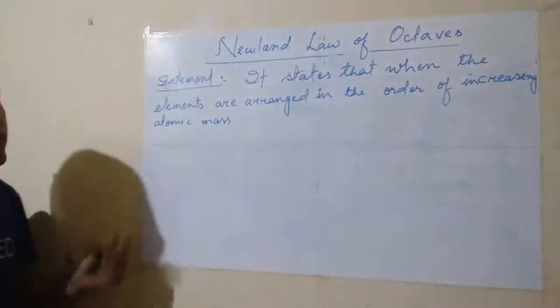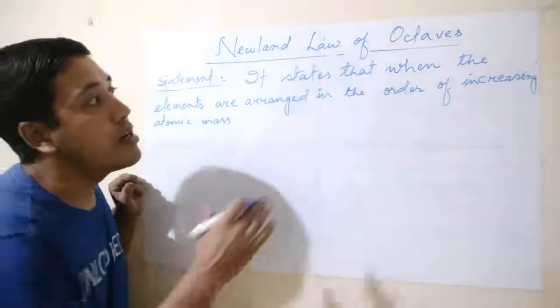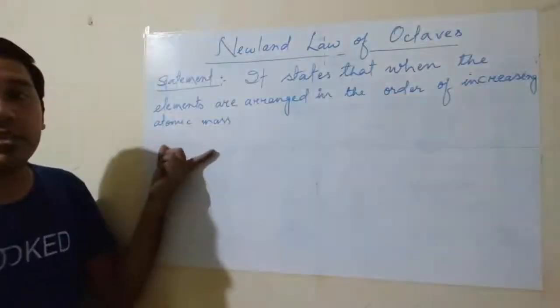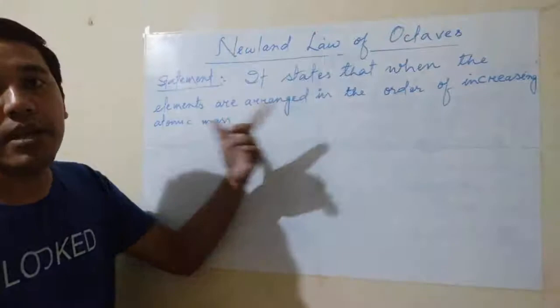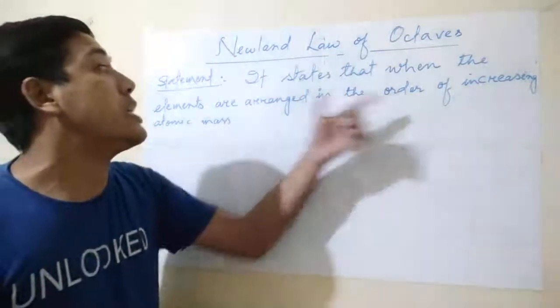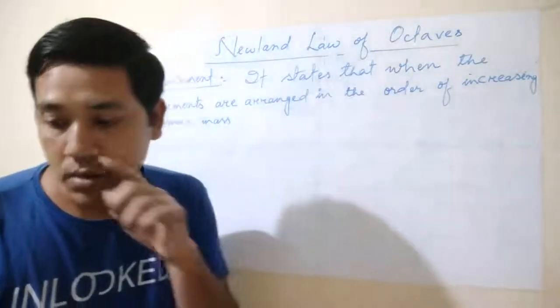Here also the elements are arranged in order of increasing atomic mass. That is, here also the classification of elements is mainly done due to this increasing order of the atomic mass.